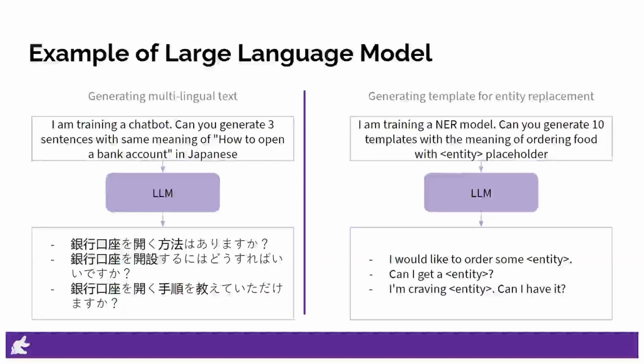If you are dealing with a named entity recognition model, you may consider generating templates and replacing entity placeholders with your own entity values such as food items, phone numbers, and addresses. Those entities can be easily extracted from existing datasets or generated using any fake data generators. Fake data can then be used to populate the templates for training or evaluation.